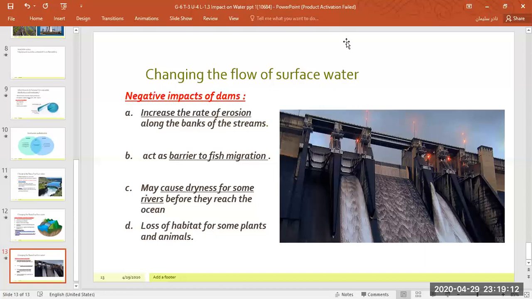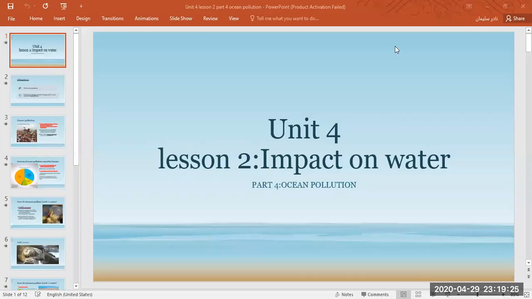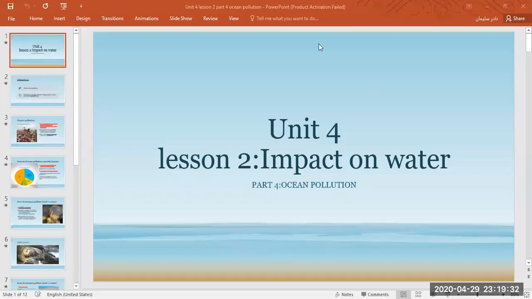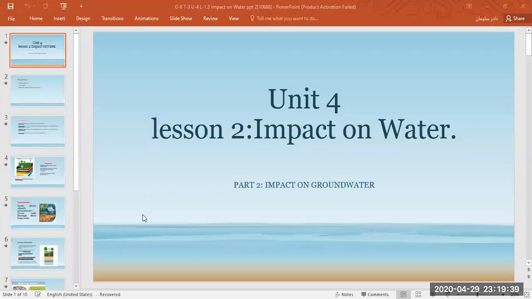Now we have another part of the lesson, the second part of the lesson. We are going now to speak about the groundwater.